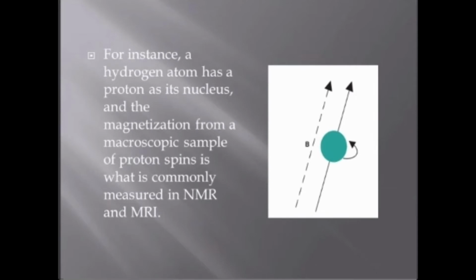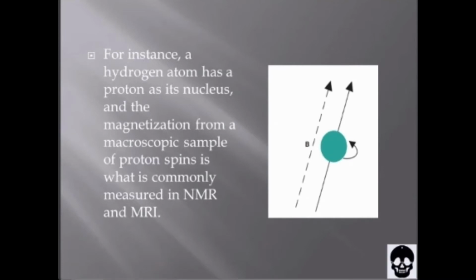For instance, a hydrogen atom has a proton as its nucleus, and the magnetization from a microscopic sample of proton spins is what is commonly measured in nuclear magnetic resonance and magnetic resonance imaging.